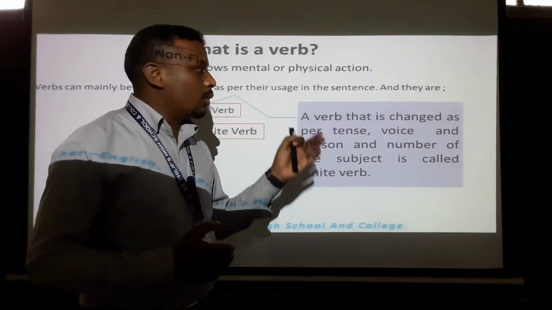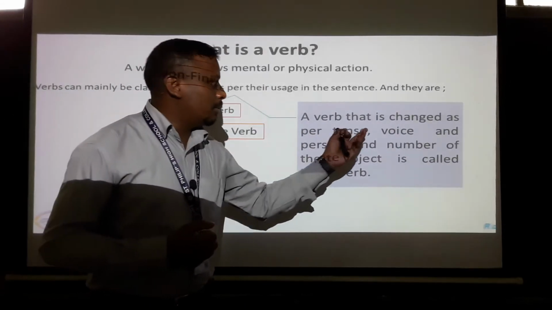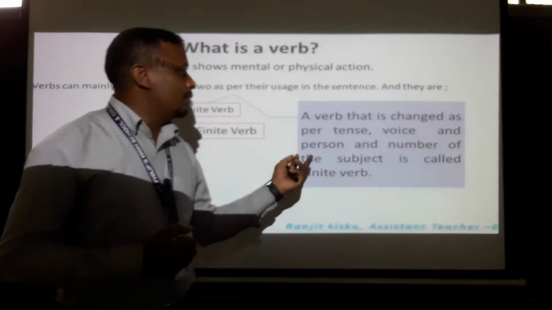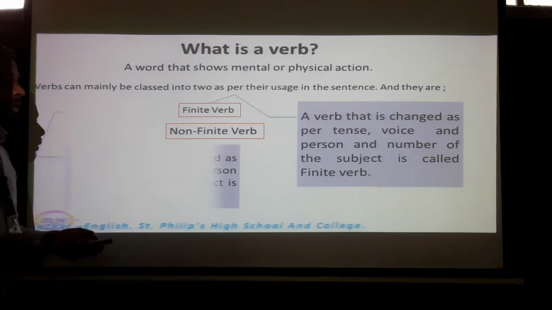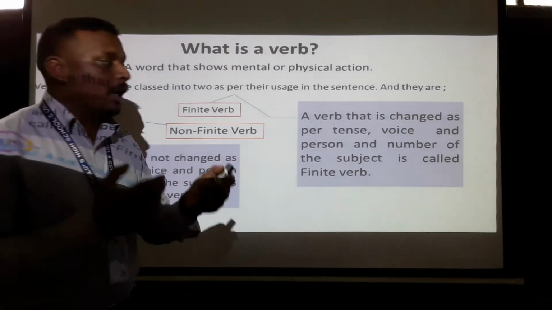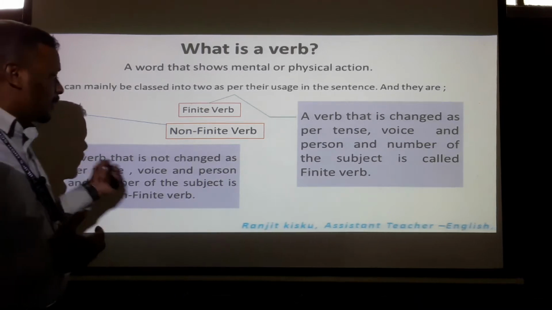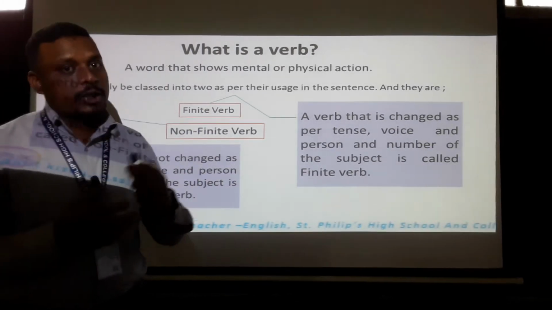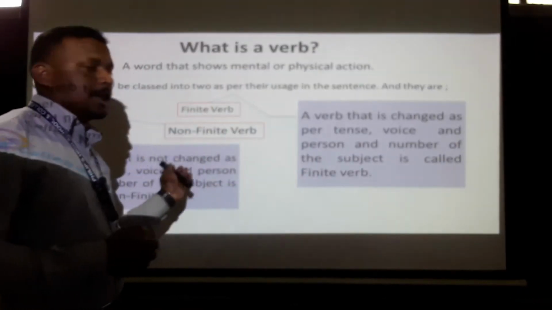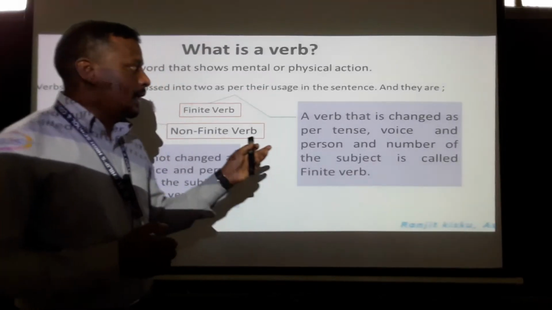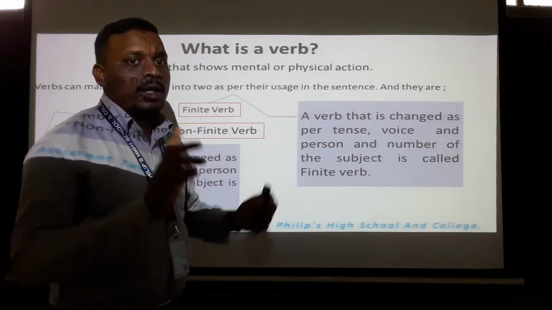Now we will see what a non-finite verb is. A non-finite verb is a verb that is not changed as per tense, voice, number, person of the subject in the sentence. Got it? So it is totally opposite of a finite verb. So dear learners, you must remember these technical things.